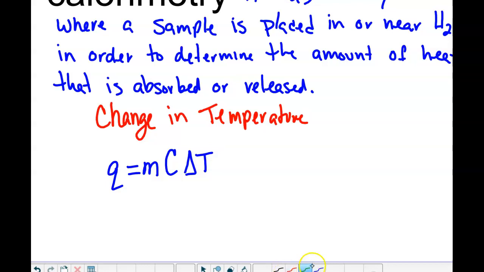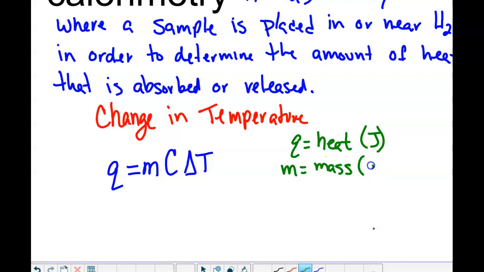So let's go ahead and define these terms. Q is the heat, and it is going to have the unit of joules. M stands for mass, and M is going to be in grams always.